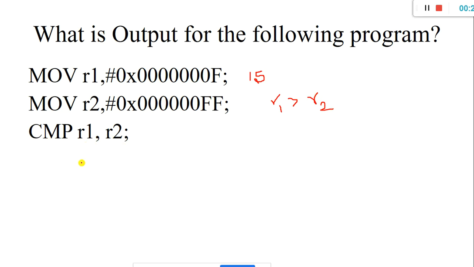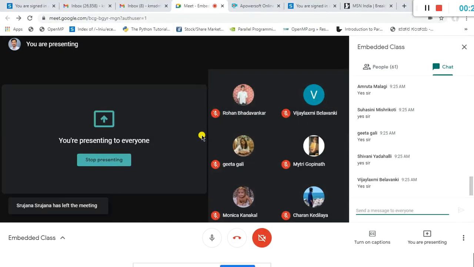Now, how is the output status flag going to change? What could be your prediction about the output? Just let me know in the chat window which flag is going to be varied and how it indicates. Any answers?